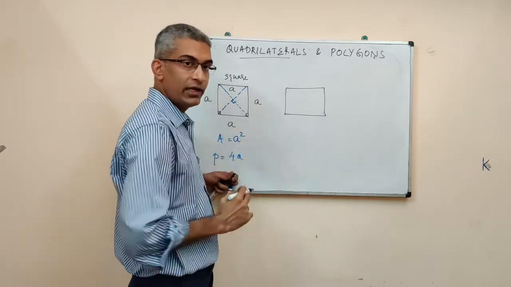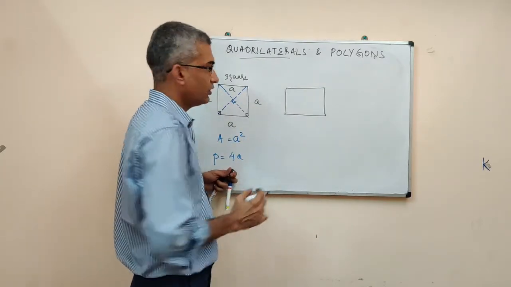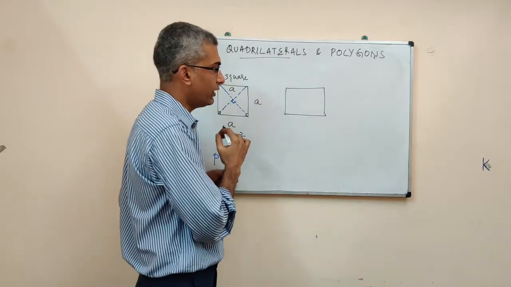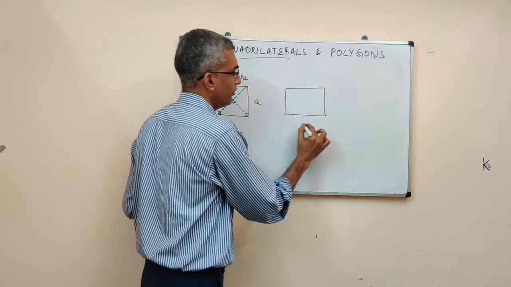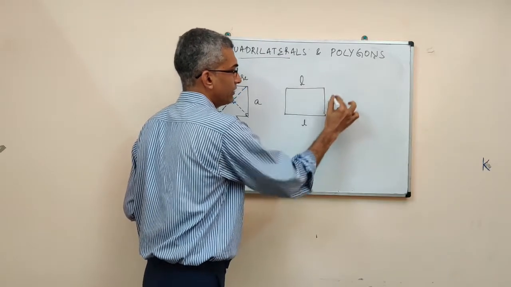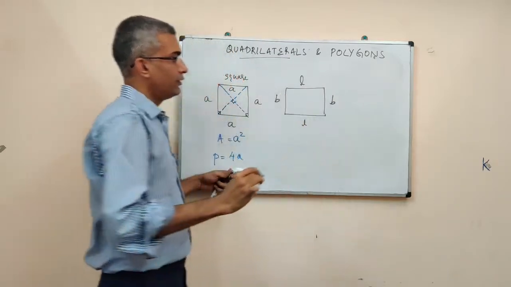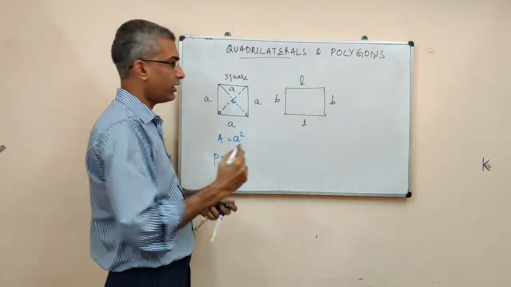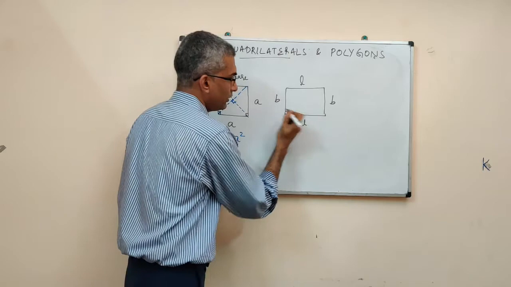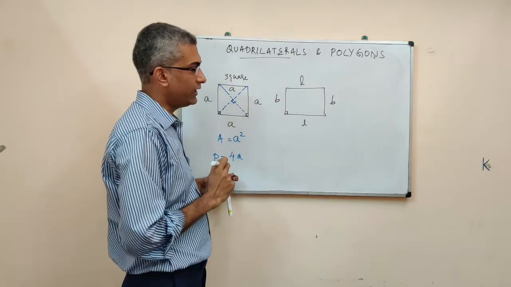How is a rectangle different from a square? In a square, all the 4 sides were equal, but in a rectangle, that is not the case. Opposite sides are equal. If I take this as length and this as breadth, these 2 opposite sides are equal, and these 2 opposite sides are equal. The angle between the adjacent sides is 90 degrees.